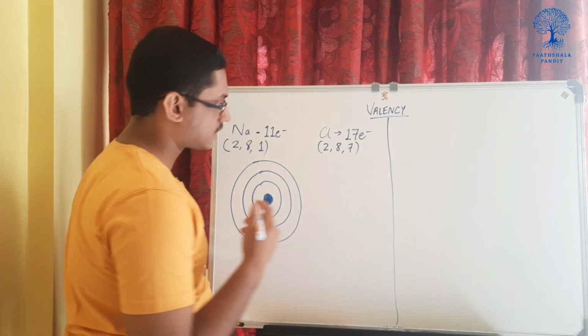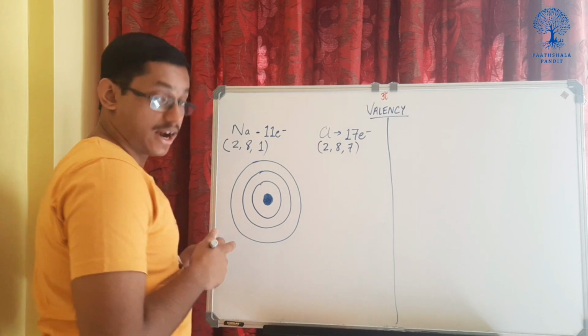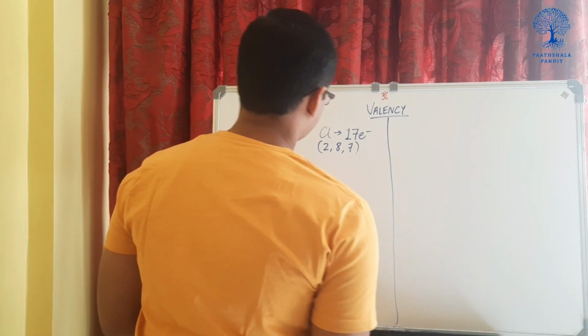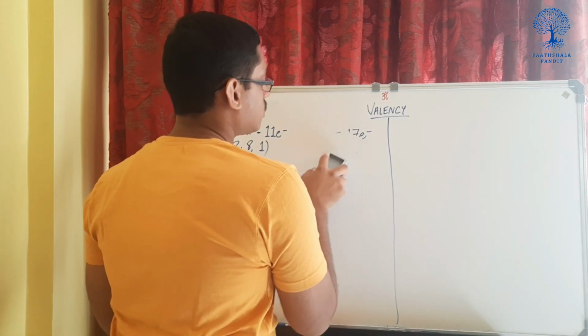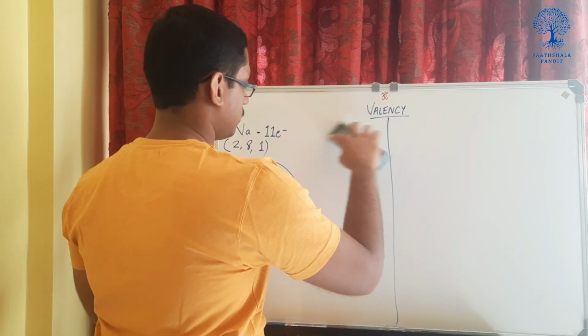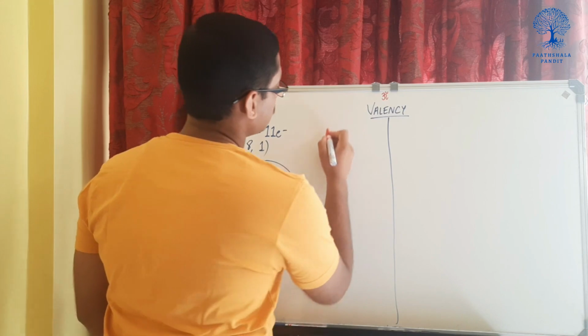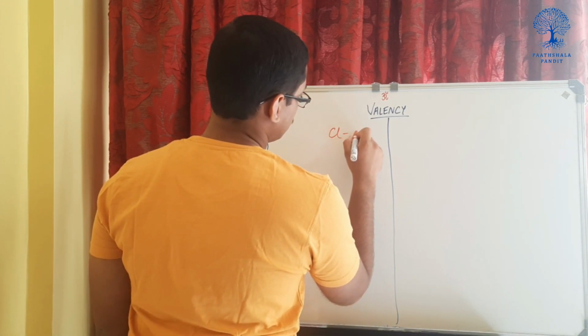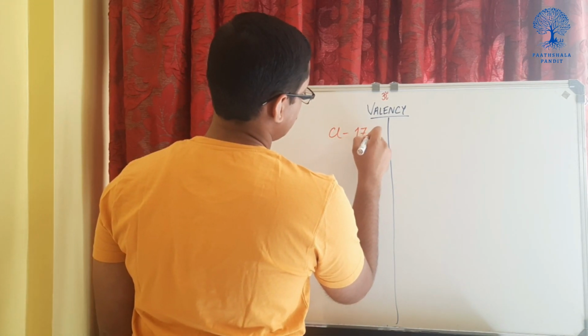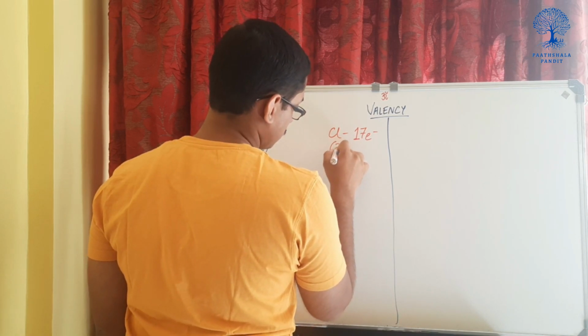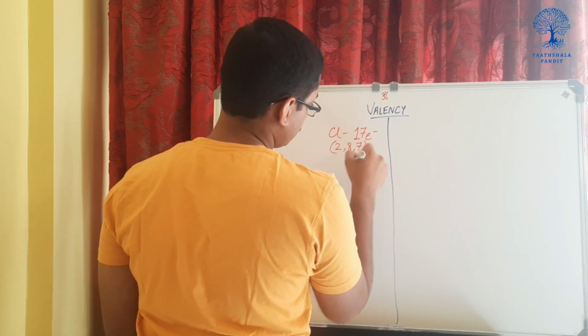Let's draw its atom also. Let me do one thing. Let me draw this with a red marker. Chlorine, this is 17 electrons, 2 8 and 7.